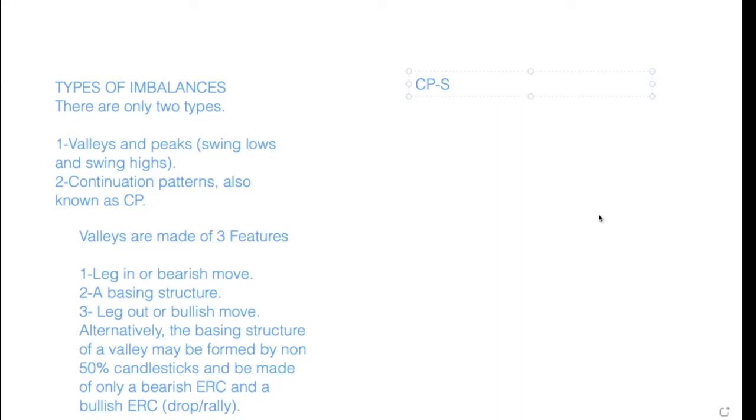Some traders think of a CP as a pause, and that pause is where accumulation of buy orders for longs and distribution of sell orders for shorts happens. So usually when you find a CP, that's where most people will be trying to enter the market.